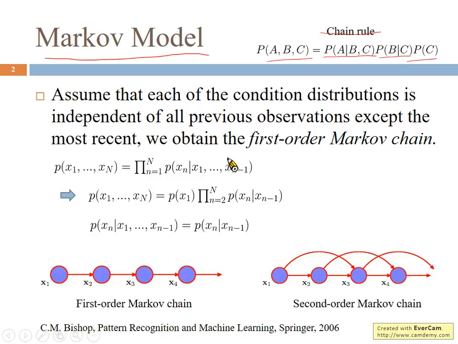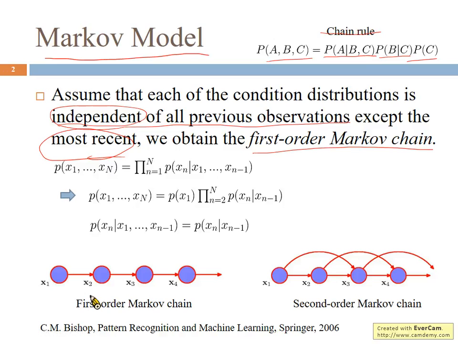However, if the number of random variables is quite large, this calculation would be very inefficient. So the idea of Markov is that they assume that each conditional distribution is independent of all previous observations except the most recent. That is the so-called first order Markov chain.